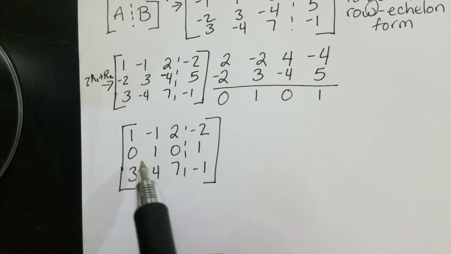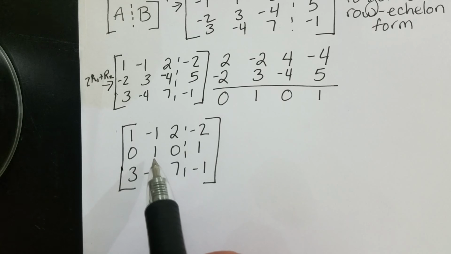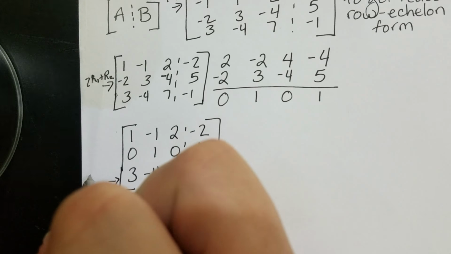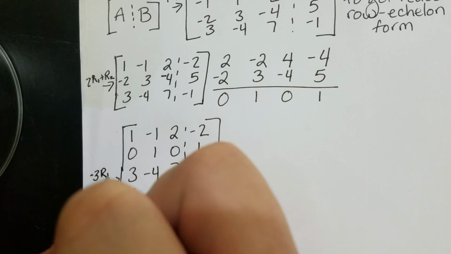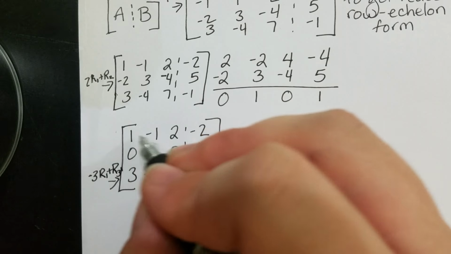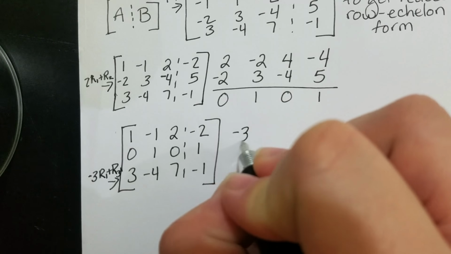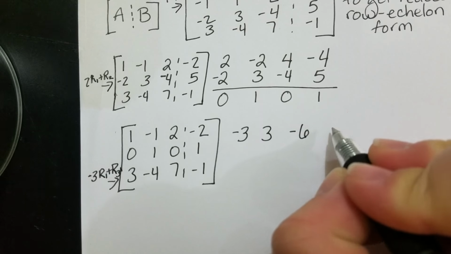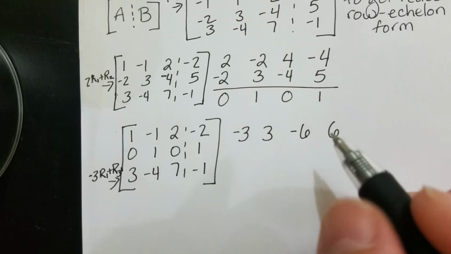Now I need to make sure this is a 1. Well, it is, so that's good. Now I need to get rid of 3, so I'm going to do negative 3 times row 1 plus row 3. So negative 3 times this row will give me negative 3, positive 3, negative 6, positive 6.